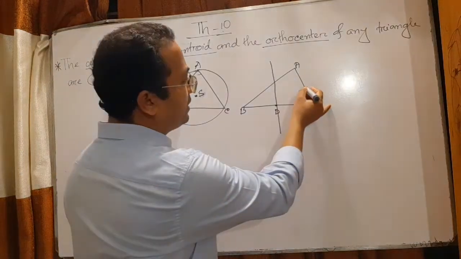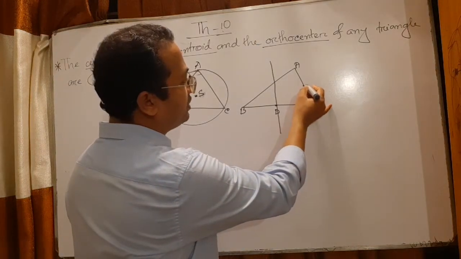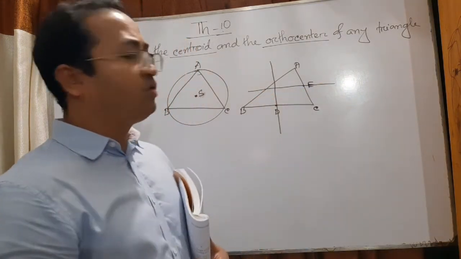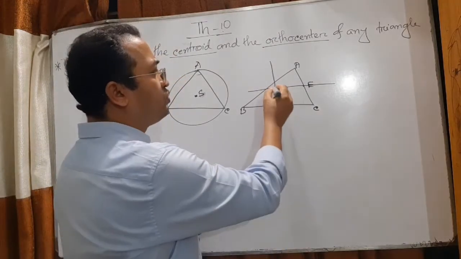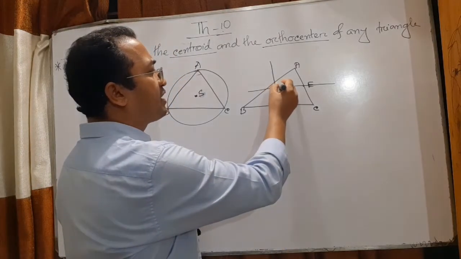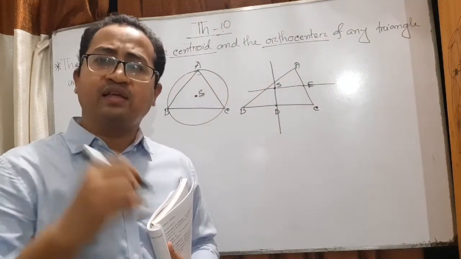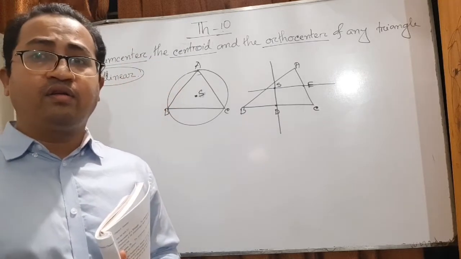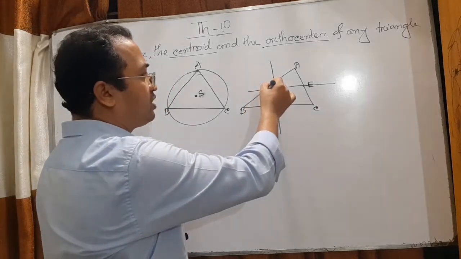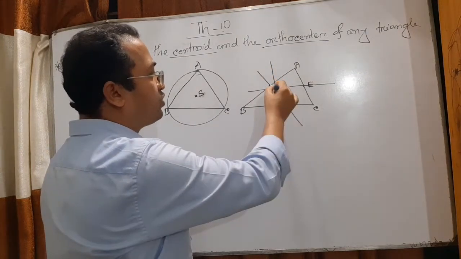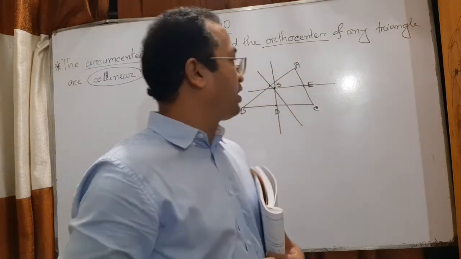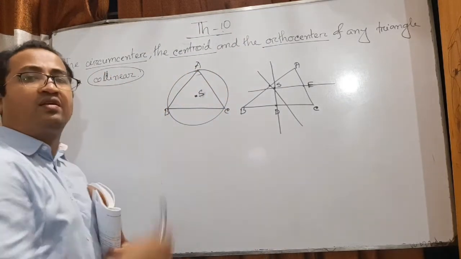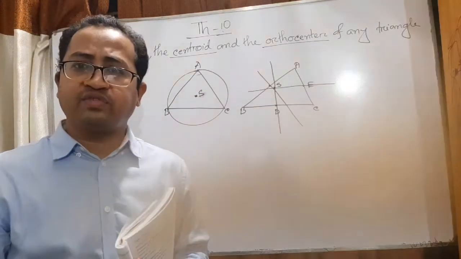Again, take the midpoint of AC, that is E. Now draw a perpendicular at the point E. These two perpendiculars intersect each other at the point S. This S is the circumcenter of this triangle. And the perpendicular of the third side also will pass through this same point. This is the circumcenter. Have you understood? This is the easiest process to keep in your mind.